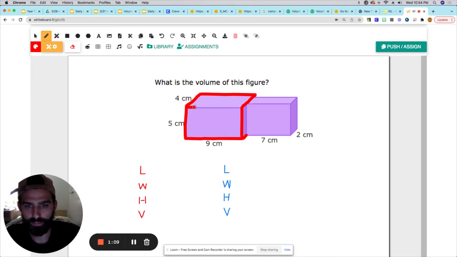Once you get good at these, it's kind of fun. It's like a little puzzle. So let's do the next one. I'm going to separate it here. And if you notice, this blue one is slightly skinnier than the other one.